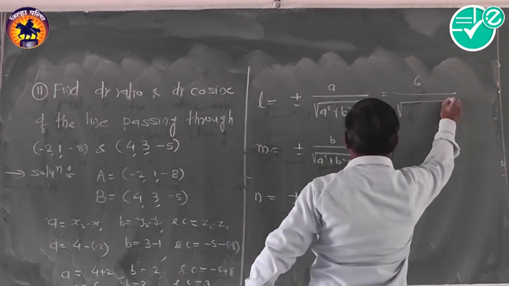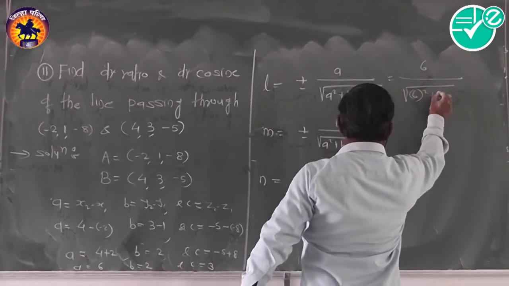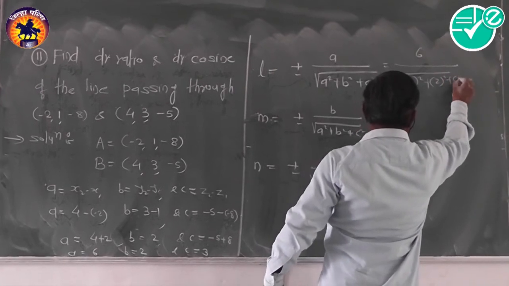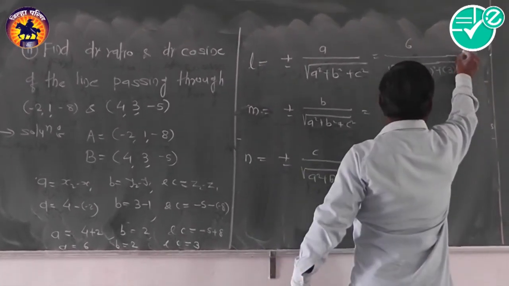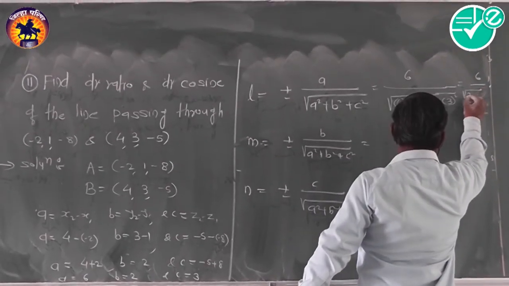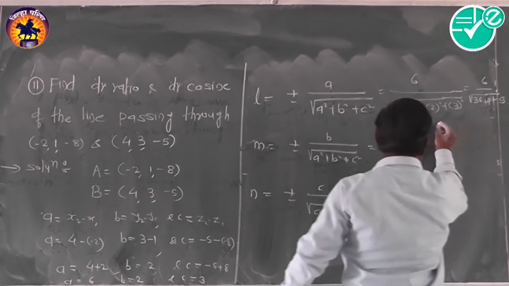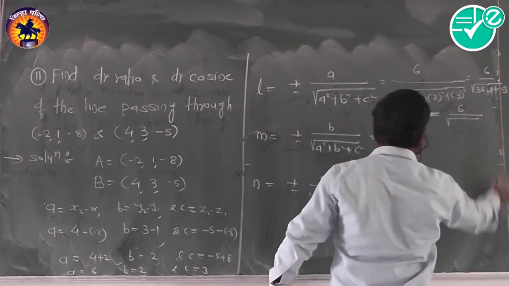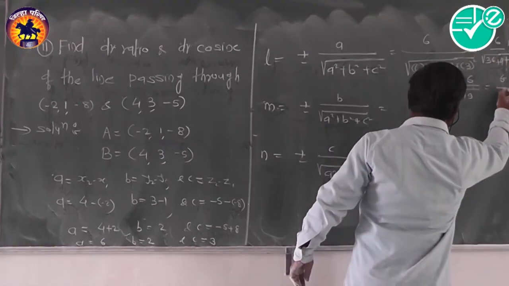So 6 divided by under root of 6 square plus 2 square plus 3 square, that is 6 divided by under root of 36 plus 4 plus 9, that is 6 divided by 49, that is 6 divided by 7.